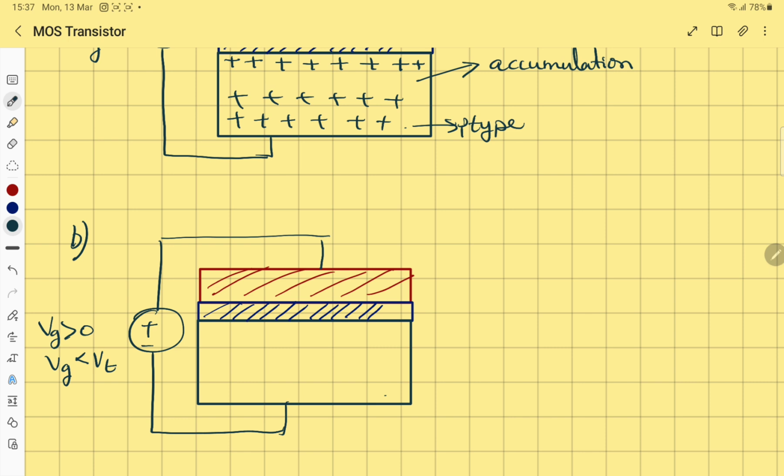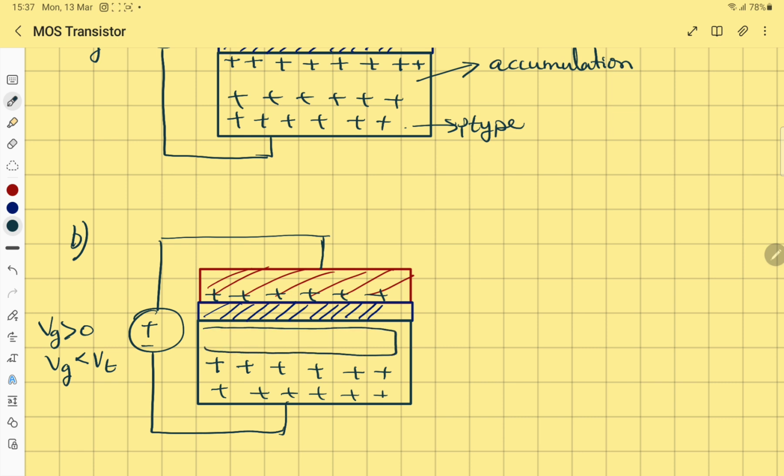So what will happen is, since this is now positive, all the majority charge carriers in this p-type substrate will be pushed downwards, because there is a positive charge on this plate, so they will be repelled, and there is a void of charge.